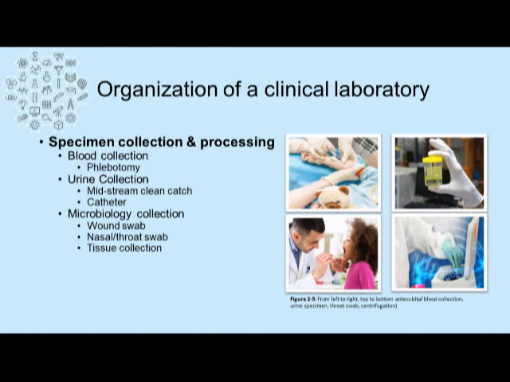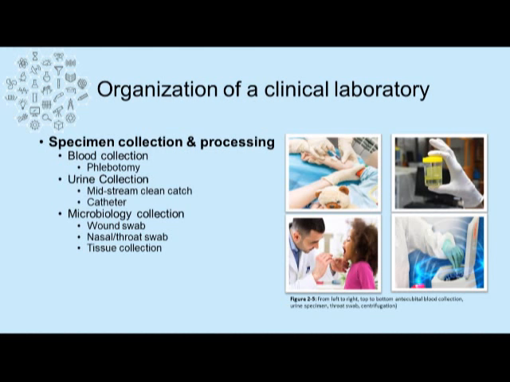So specimen collection and processing is the first collection of blood, urine, or microsamples. Blood collection is performed by the act of phlebotomy. Urine is typically collected by a midstream clean catch. It could also be collected by a catheter, which would most likely be performed by a nurse, as well as other collection methods, but these two tend to be the most common.